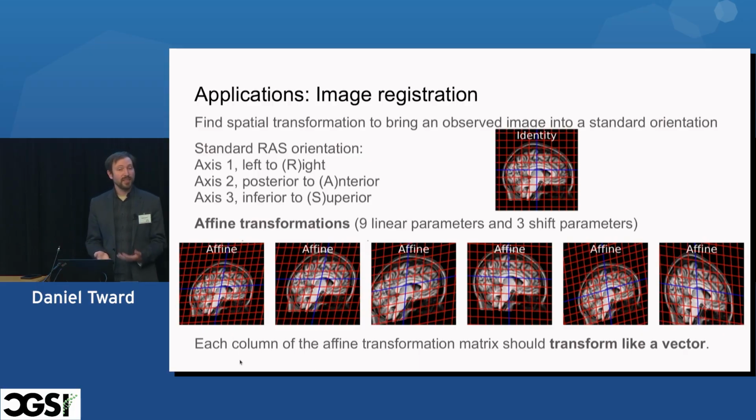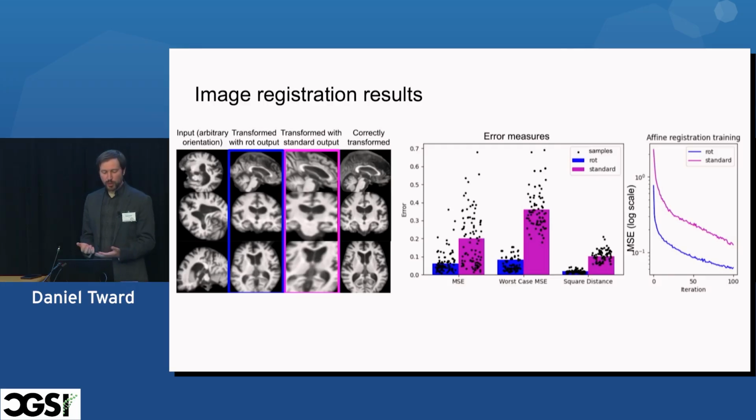Now, the equivariance of this task is that every column of that matrix should transform like the components of a vector. So we took our model here. We have an input image in the left column, and you can see that the brain is oriented in a random orientation. Our goal is to reorient it into standard orientation on the right, RAS orientation.